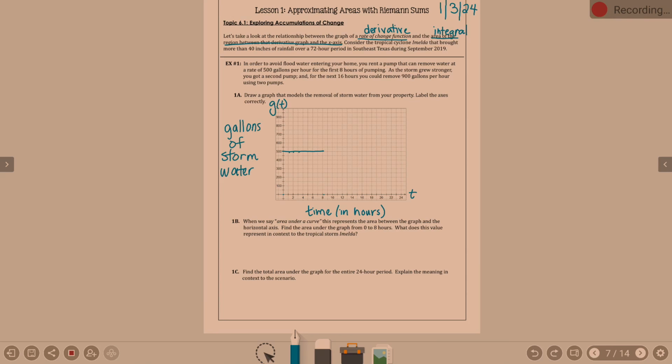So we're going to have 900 gallons. Up to where? If we're doing 8 plus 16, that's going to be up to 24 hours. So it starts at 8.